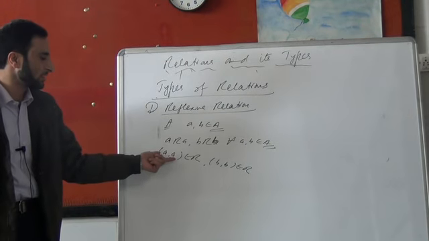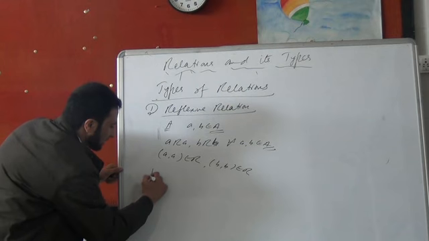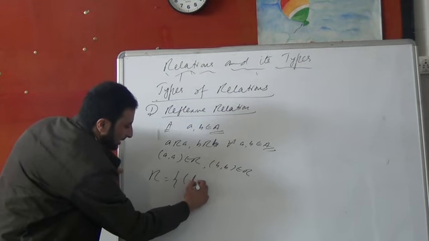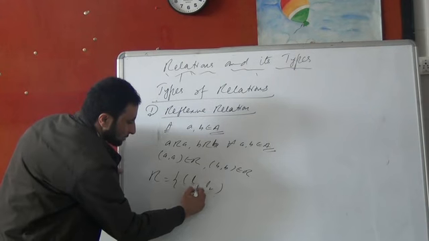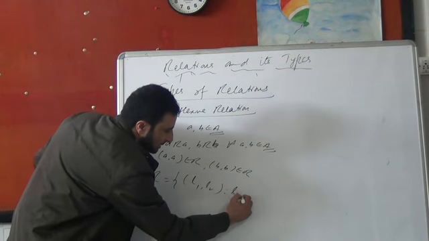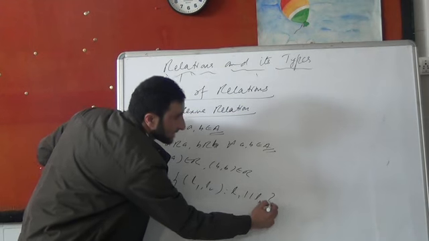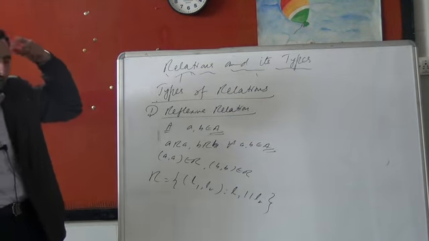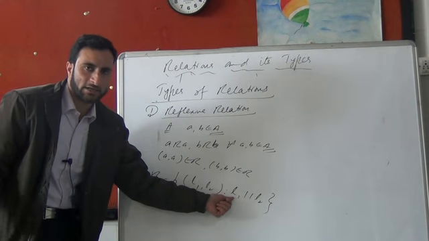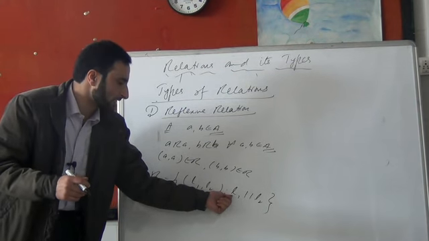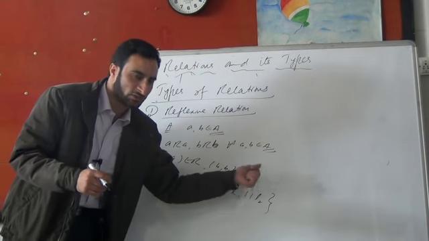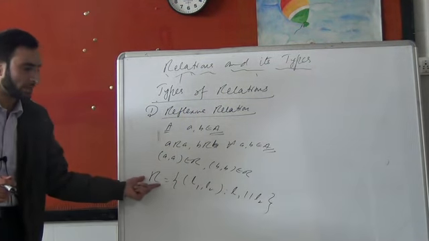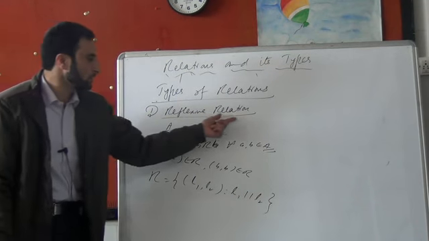The best example for this will be if we have relation R equal to {(L1, L2)}, meaning we have two lines such that line first is parallel to line second. In this relation, clearly each and every line is parallel to itself. L1 is parallel to L1, L2 is parallel to L2. So this relation is an example of a reflexive relation.